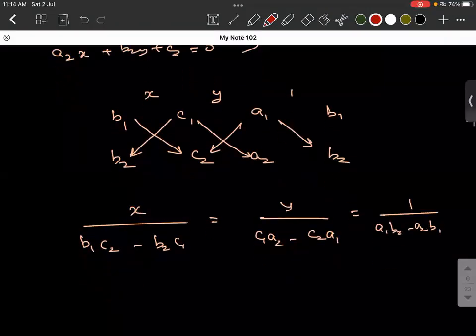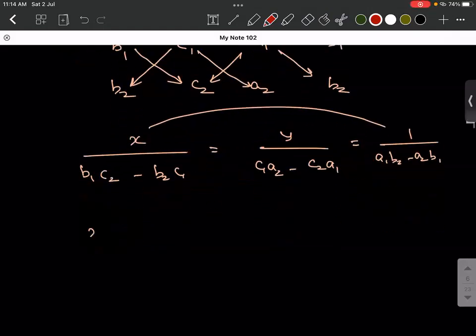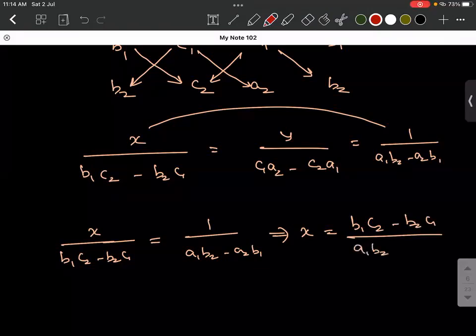Now what will happen? You can equate these two because a is equal to b is equal to c, so a will be equal to c. So x divided by b1 c2 minus b2 c1 is equal to 1 divided by a1 b2 minus a2 b1. Then what is the value of x? x is b1 c2 minus b2 c1 divided by a1 b2 minus a2 b1.